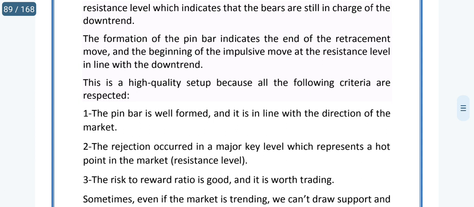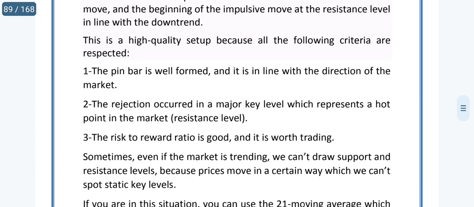And after the formation of such a penny bar, it is a clear indication that we are going to have a new impulsive move at the resistance level with a line going downwards, meaning that the market has reversed, forming a downward trend market.